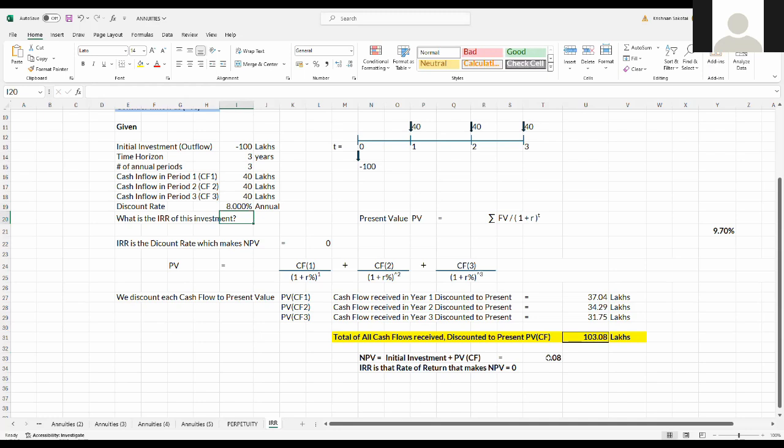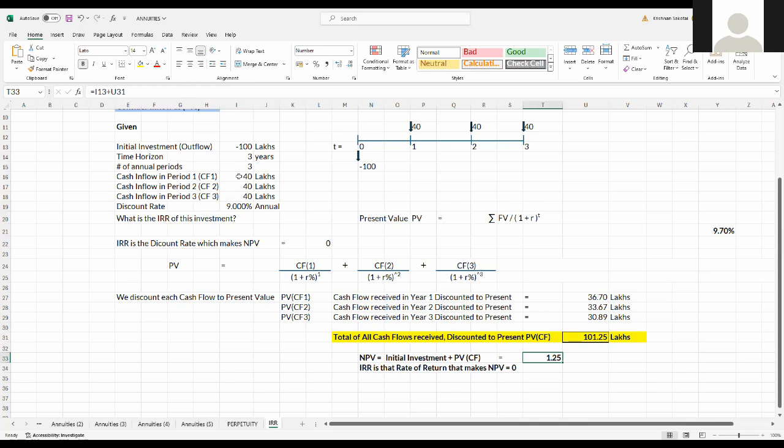So we have a fairly quick way of assigning various numbers and finding out what the NPV is. Now let's see what happens if we put 9%. Again it is reducing. However, this should go to zero. Increasing the discount rate is bringing us closer to zero.